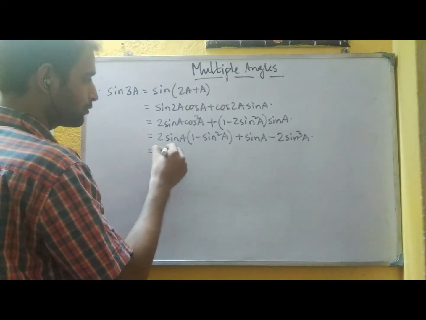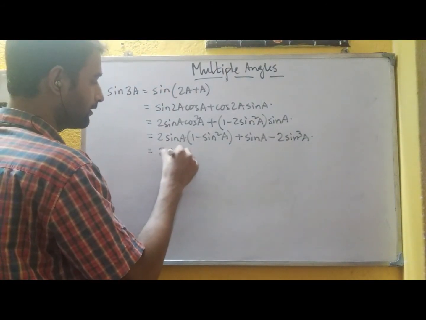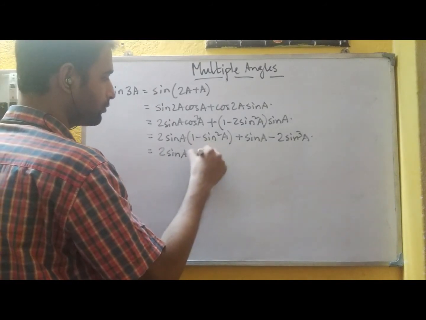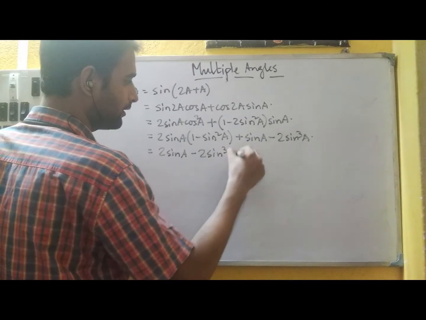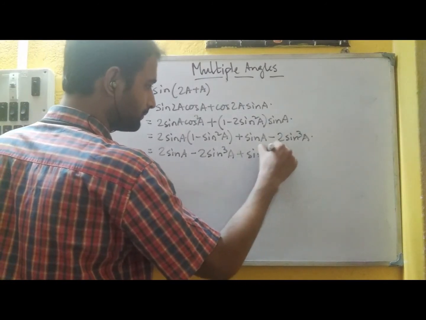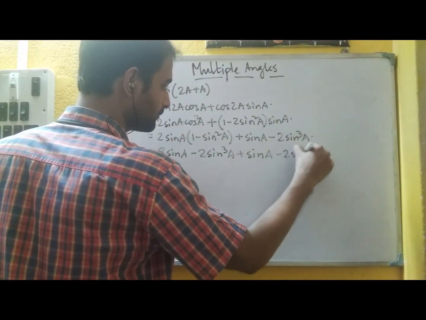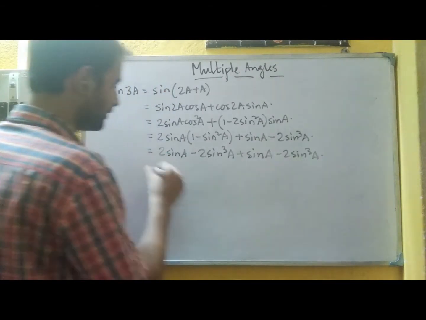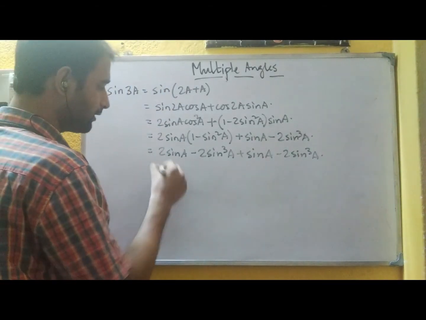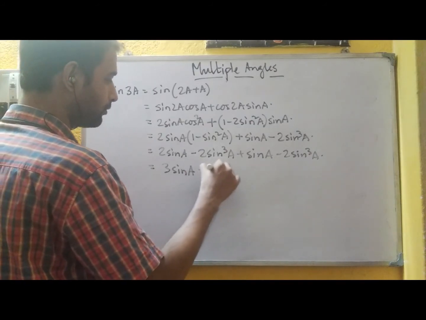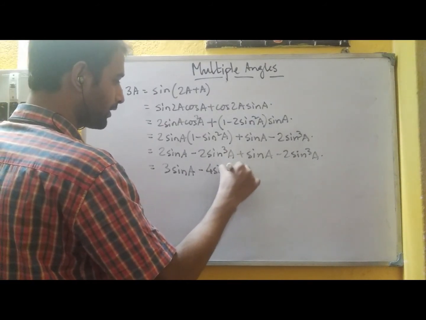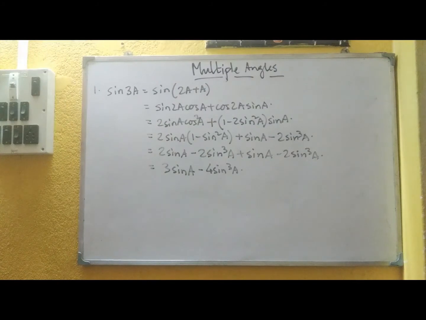And here it is 2 sine A minus 2 sine cube A, and the rest of the terms. Now see, we are adding the corresponding terms, so it is 3 sine A minus 4 sine cube A. So this is the expression for sine 3A.